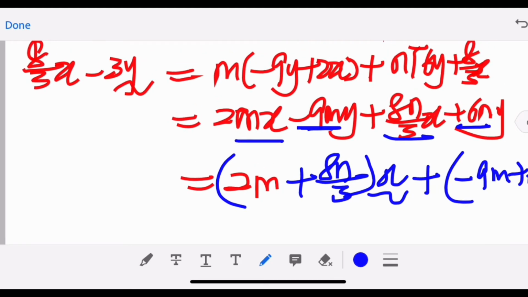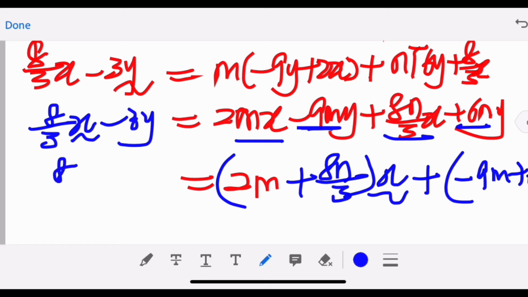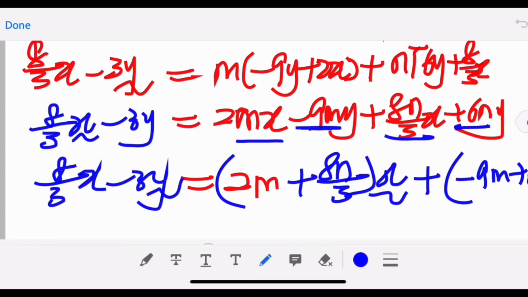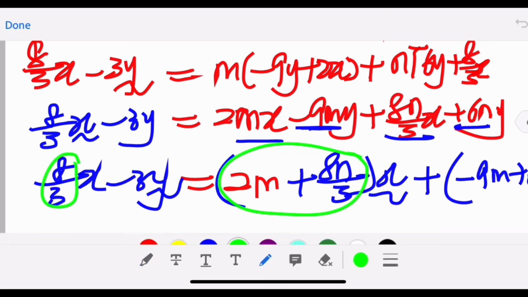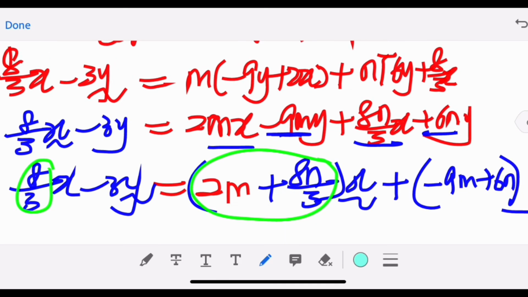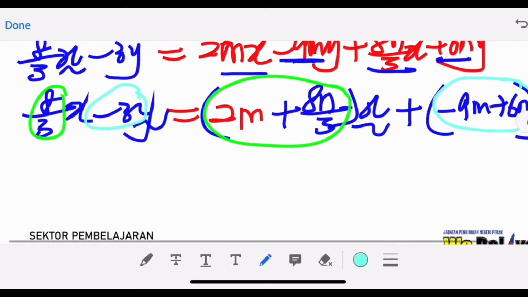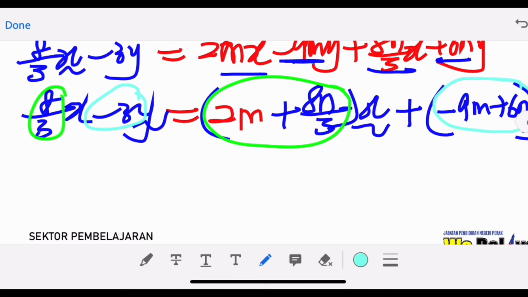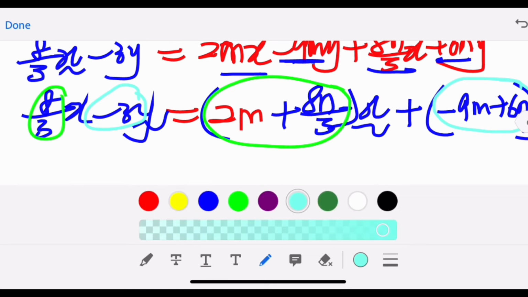So now we can say that they are equal vectors, so we can do comparison. Right, let's do comparison by comparing this component with 8 over 3, and then the other component we will compare with the y component, negative 3 equal to negative 9m plus 6n. So let's solve it now.